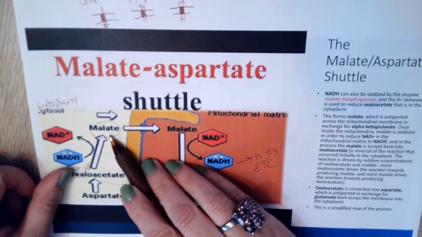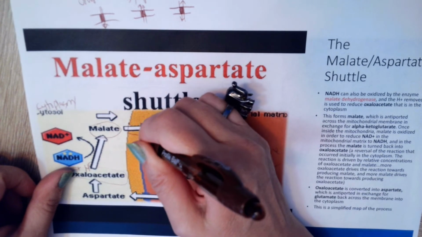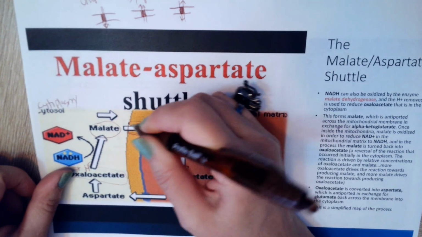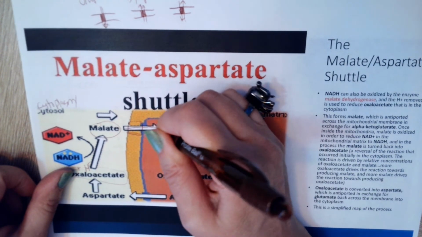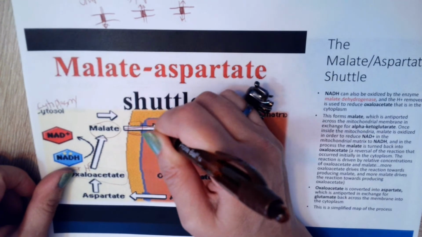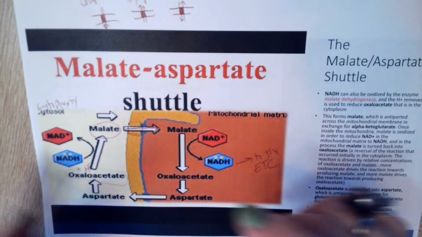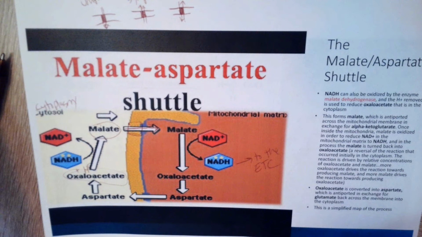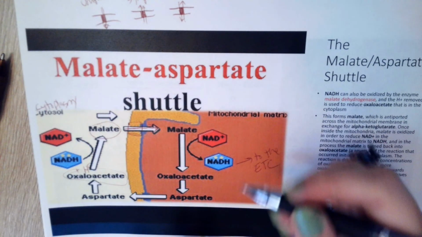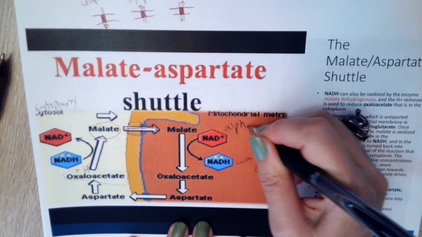So malate is going to cross the mitochondrial membrane, going into the mitochondria, but it's moving in exchange with another molecule called alpha-ketoglutarate.